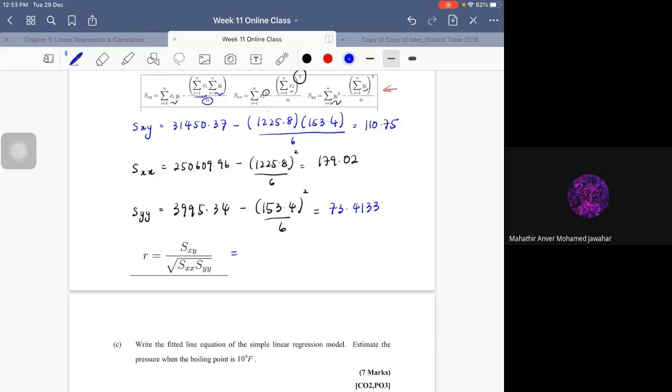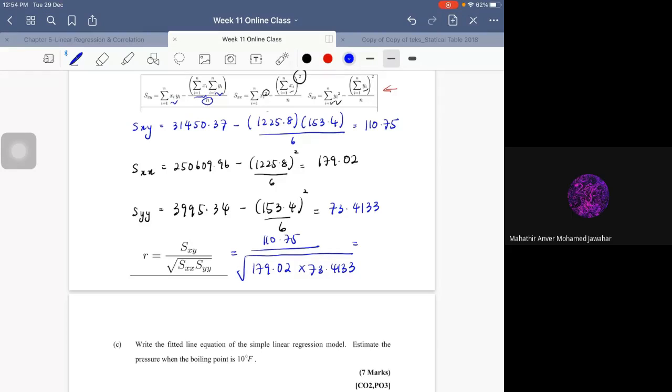S of xy is going to be 110.75, divided by a square root that contains a product between 179.04 multiplied by 73.4133. Both of them are going to be square rooted, so that we can do our calculation.